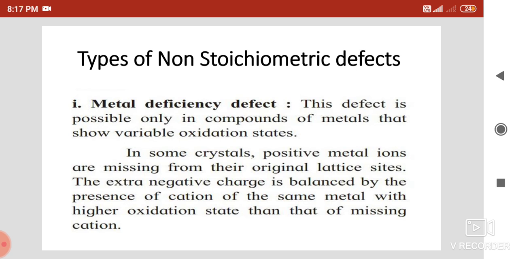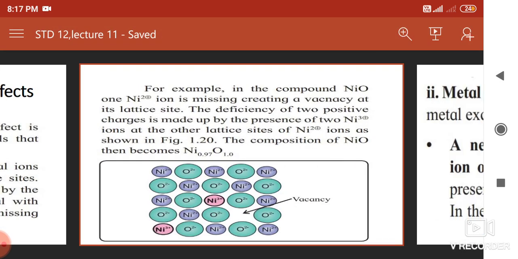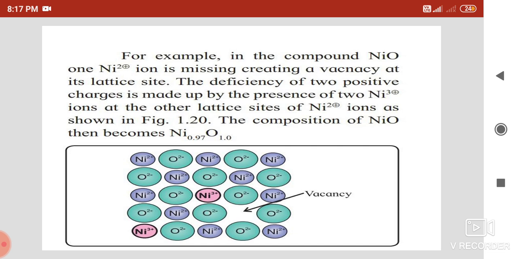Let us see an example to understand this point. You can see the figure. It is the example of nickel oxide, NiO. One of the Ni2+ ions is missing and creates a vacancy.